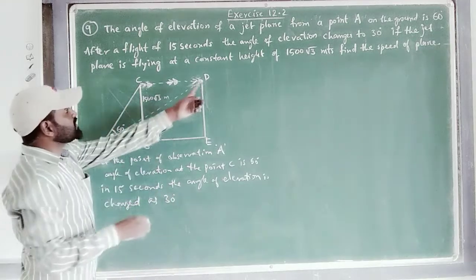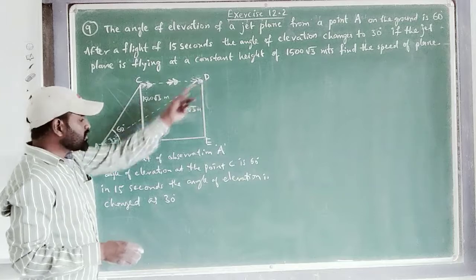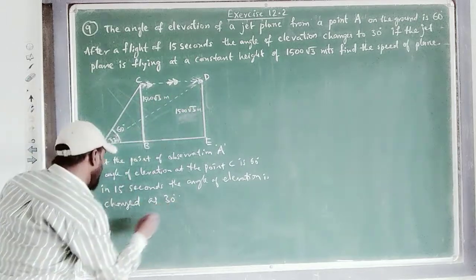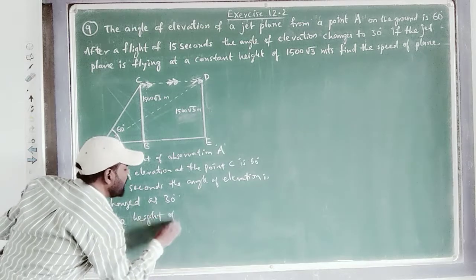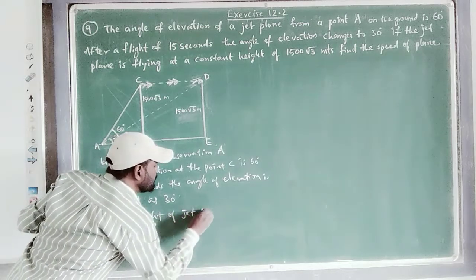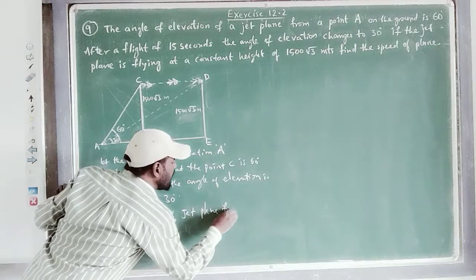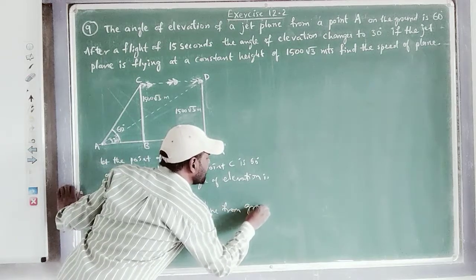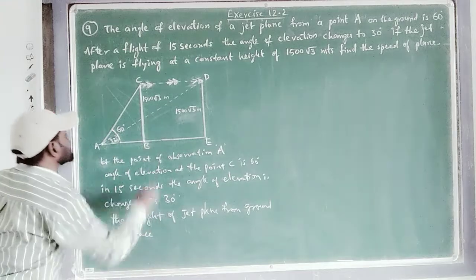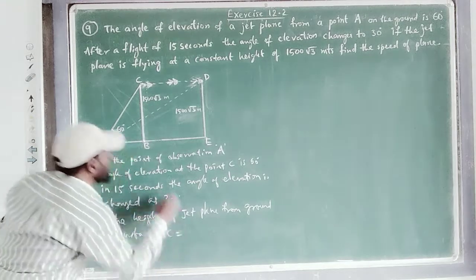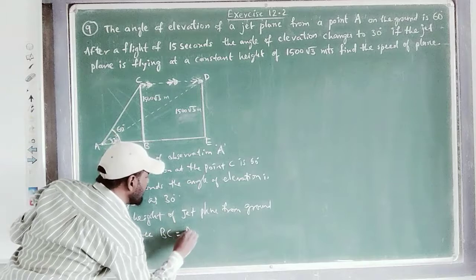Now, the flight has reached up to D. Here also the height is the same. The height of the jet plane from the ground surface, for the first time it is BC, and after 15 seconds it is DE.